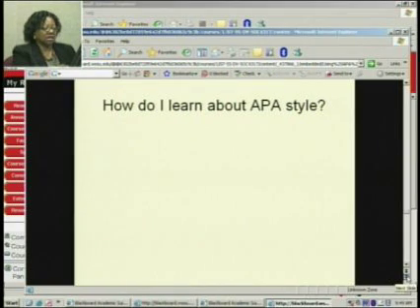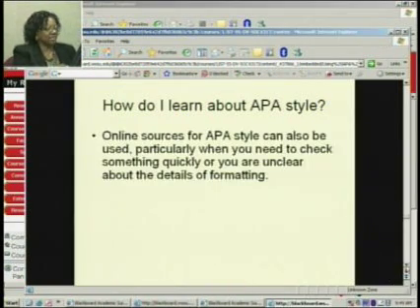And how do you learn about which style to use? I've told you. Oftentimes a professor will tell you their particular preference. If they have not, and you ask and they say any style will do, then use the style that you're most comfortable with. But in this particular instance, we will use the APA style.